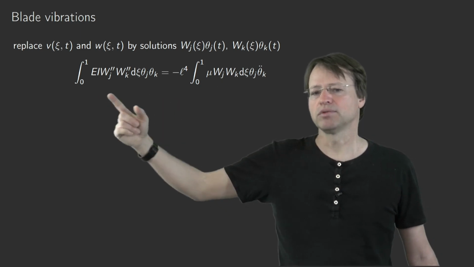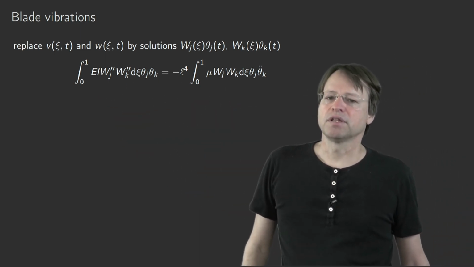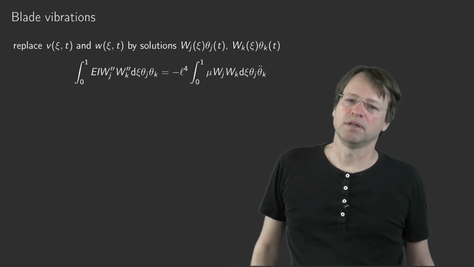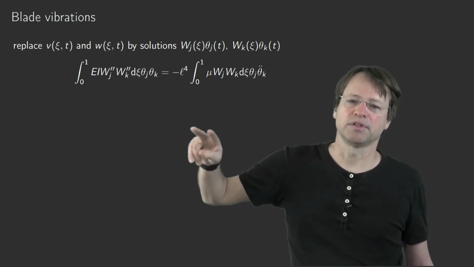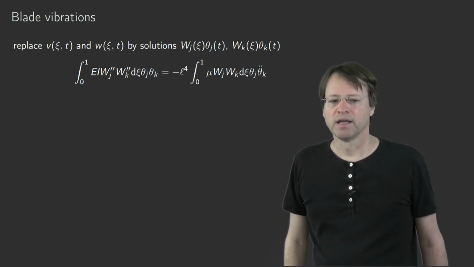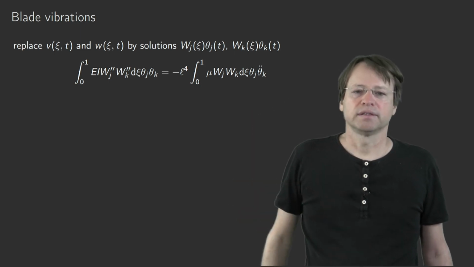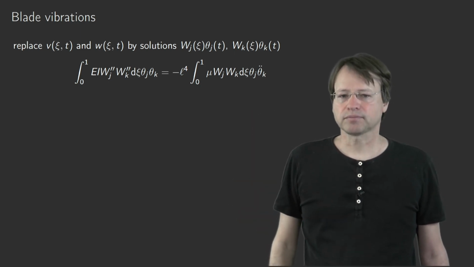We multiplied both the left and the right-hand side with v. The only thing is that on the left-hand side, by partial integration, we obtain two derivatives of the function v.